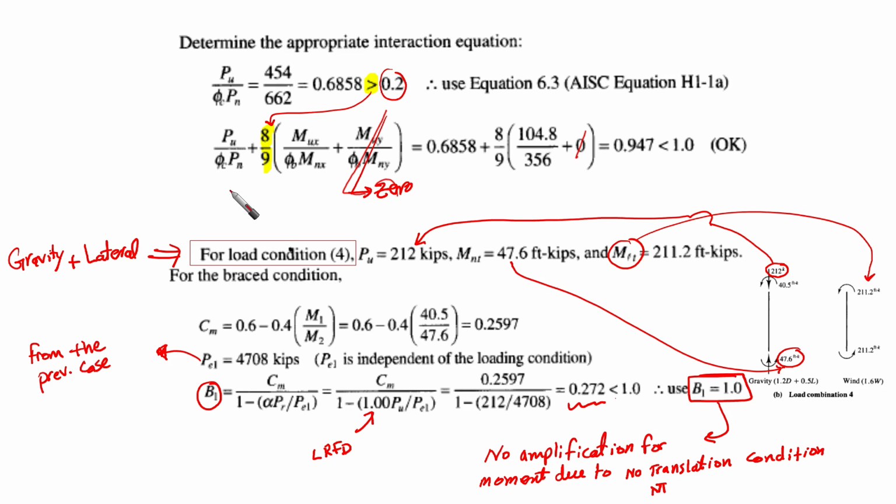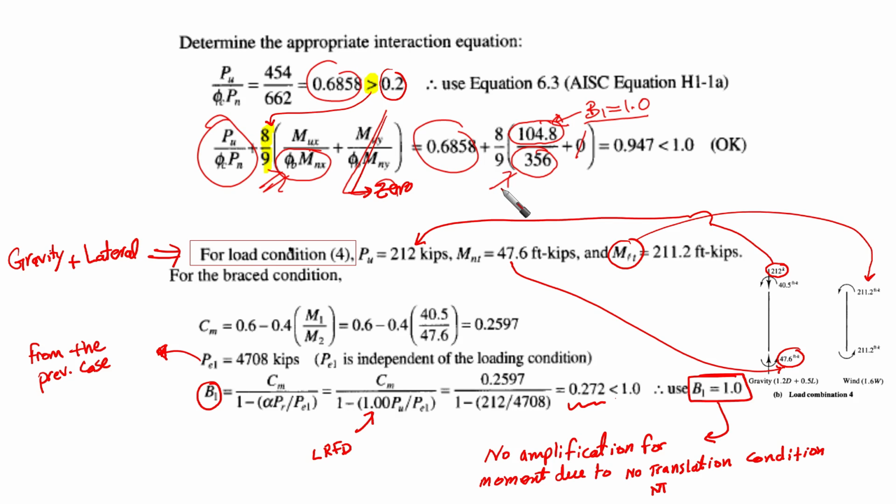Everything is known for us. The axial term gives us 0.6 as here. M ultimate x already we have obtained it after augmentation using B1. Fortunately our B1 was 1, so there is no augmentation here. The flexure strength coming from the beam charts, we found it easily because CB takes us higher than the plastic limit, so we put the plastic limit here.